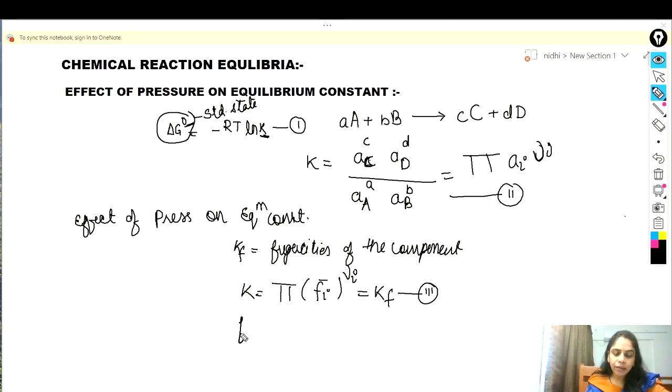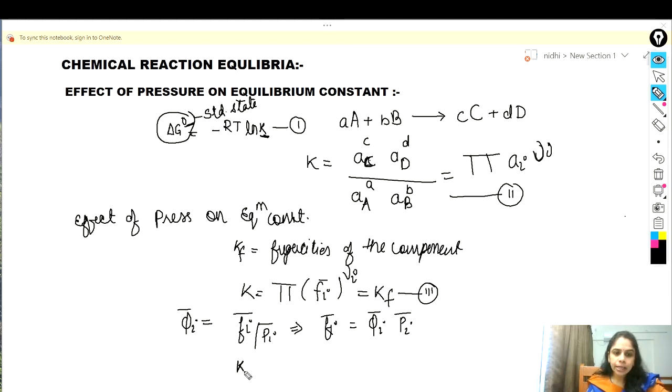So we know that phi_i bar equals f_i bar upon P_i bar, and therefore f_i bar equals phi_i bar times P_i bar. Now just substitute this f_i bar in equation number 3. So what do we get?